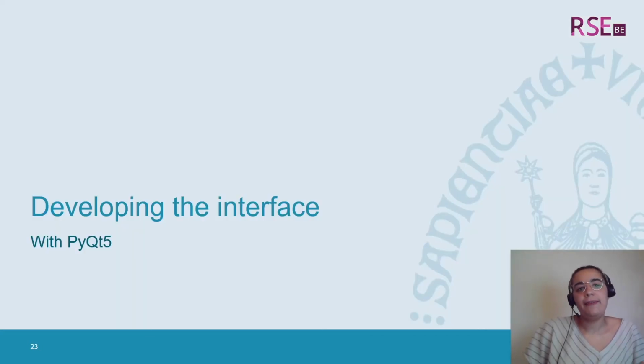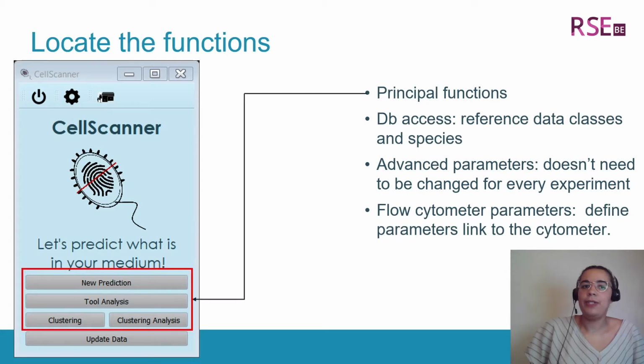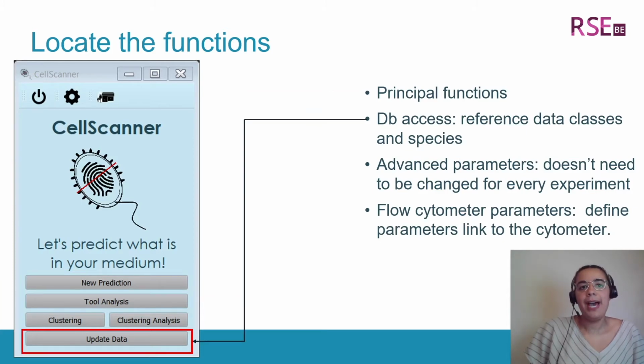So for the interface, we used PyQt5 with Python. Here is the main window. We decided to locate the functions according to the user needs. Buttons for the main functions, prediction and tool analysis, are here. These are the principal buttons, so we have to access them quite easily. Then we have access to the reference data.